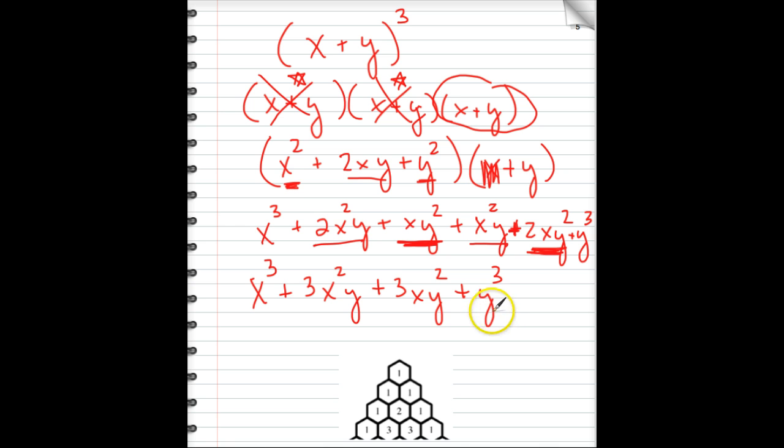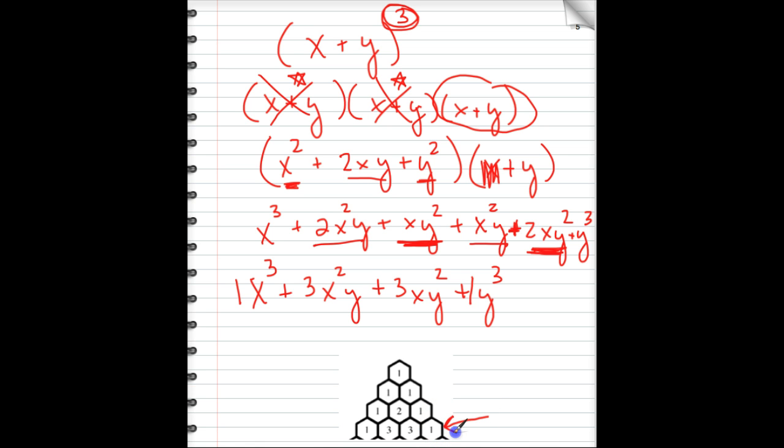Now, if you look at the coefficients, we have 1 of x cubed, 3 of x squared y, 3 of xy squared, and 1 of y cubed. So the coefficients are 1, 3, 3, 1. Since this was a third power expansion, we look for row 3, 0, 1, 2, 3.